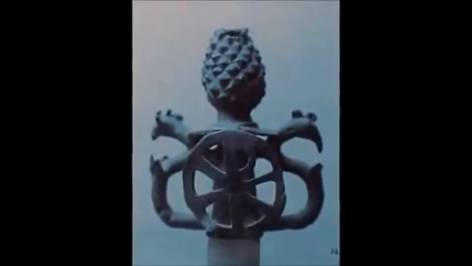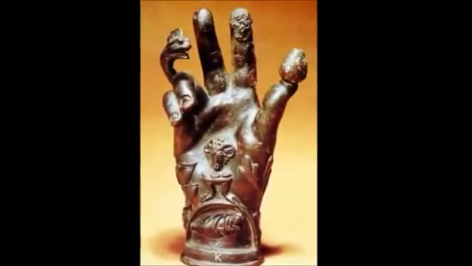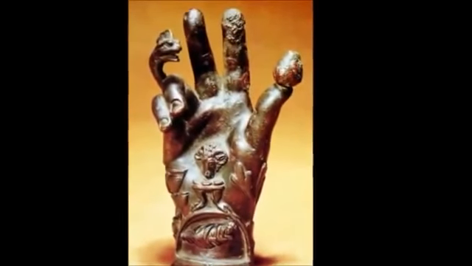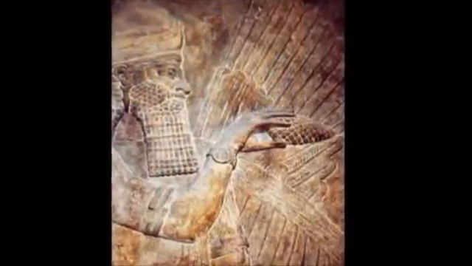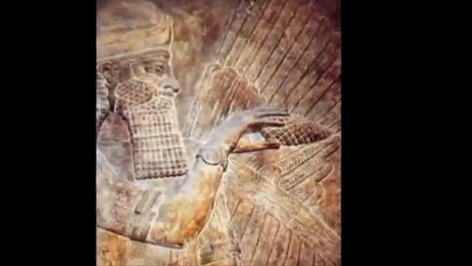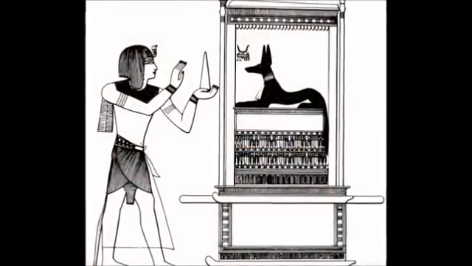The pine cone is found in many ancient works of art. Even here, in an ancient Roman bronze statue, shows the thumb with a pine cone on it. The pine cone is shown in early Mesopotamian and Egyptian hieroglyphics.